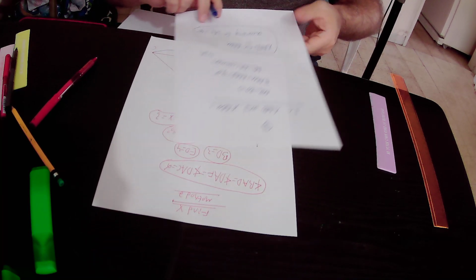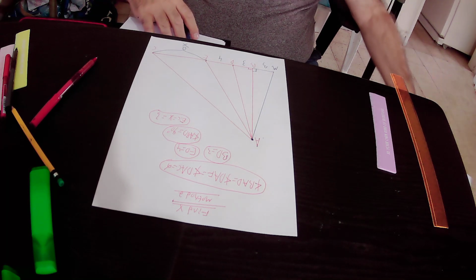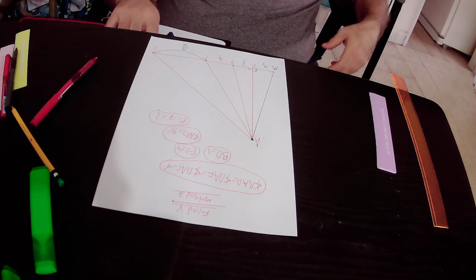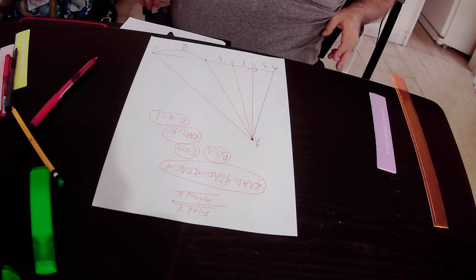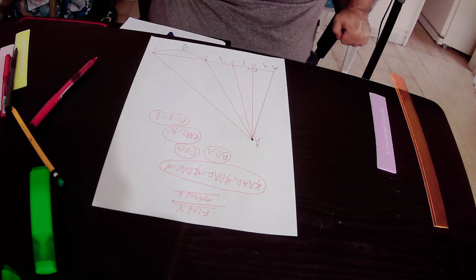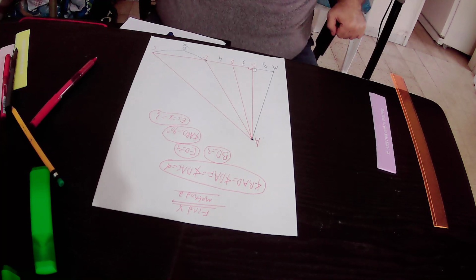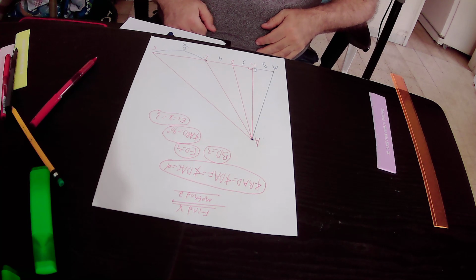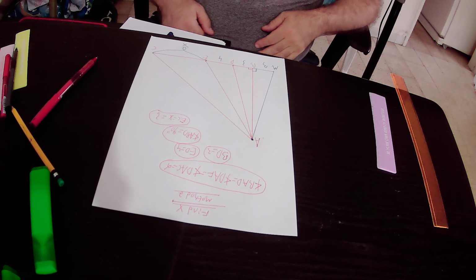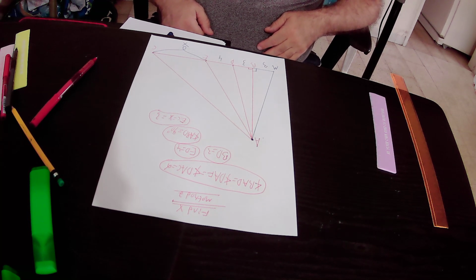So what is the side angle side rule? If you prove that two sides and the angle between them in one triangle are equal to two sides and the angle between them in the other triangle, then you proved that the two triangles can go into each other according to the side angle side rule.